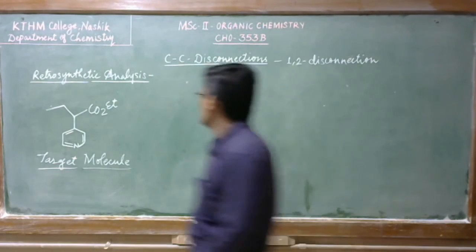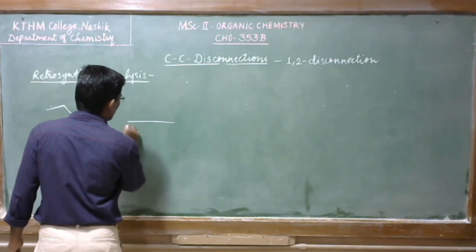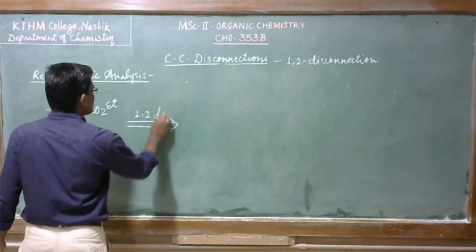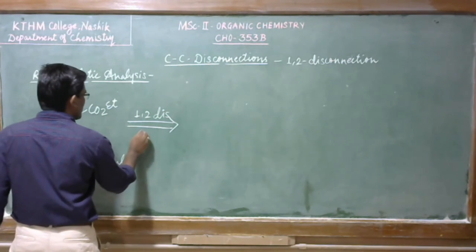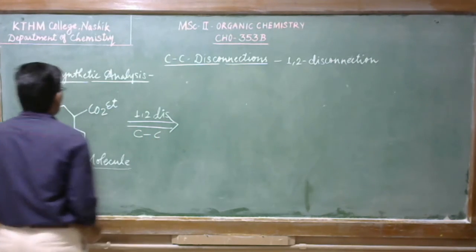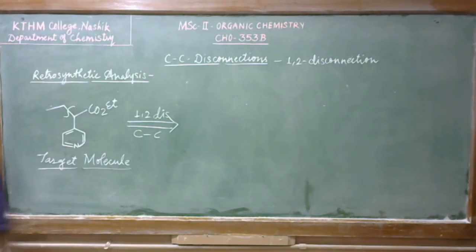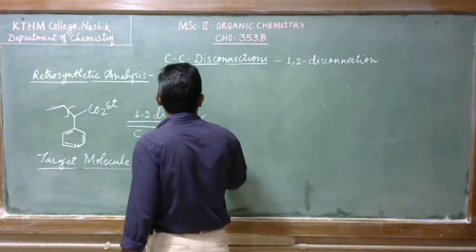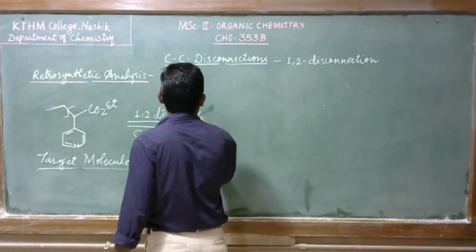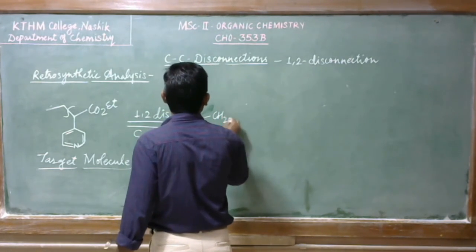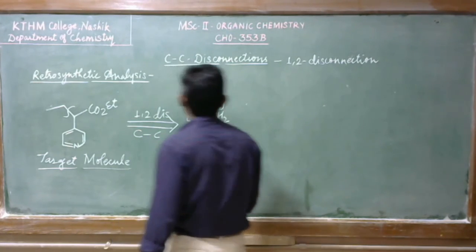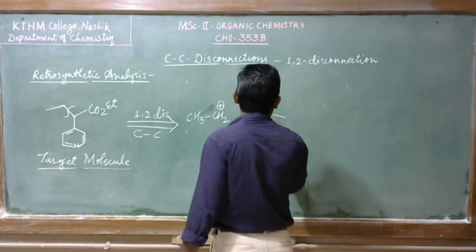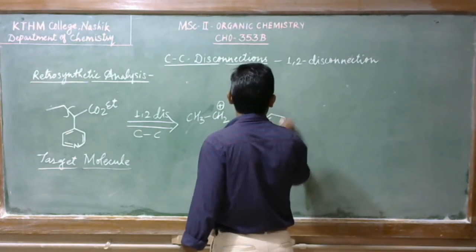If you do so, let us put this retrosynthetic arrow, 1,2 disconnection, this carbon-carbon disconnection. When you draw this line, we will get this ethyl fragment and the other, these 2 fragments.